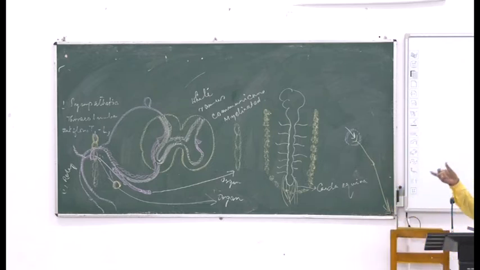The preganglionic fibers are short and the postganglionic fibers are long, sympathetic fibers in character.